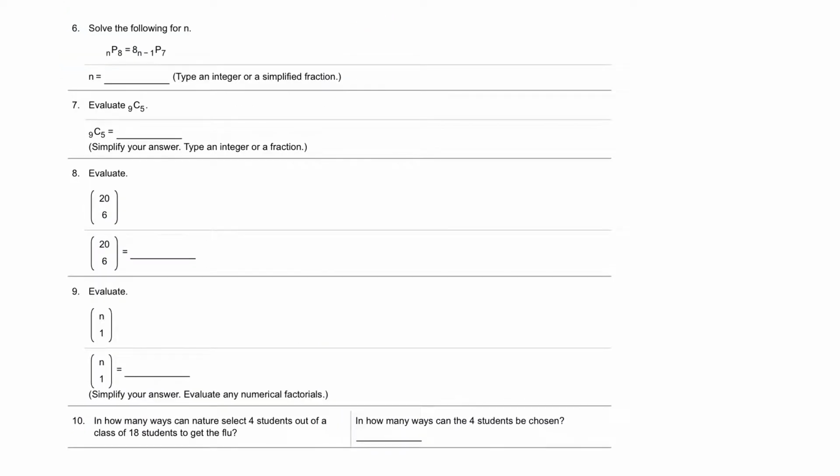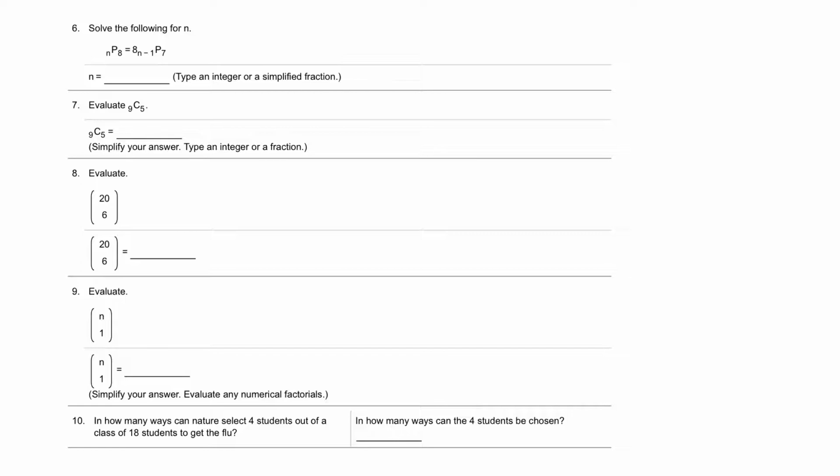Okay, next question. Solve the following for n. nP8 equals 8 times (n minus 1)P7. Oh, that's an interesting one. Okay, so we're doing permutations here.